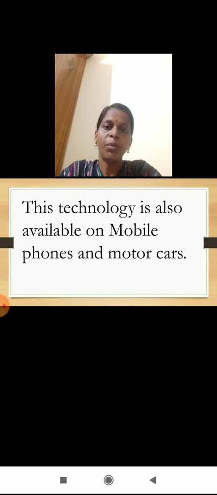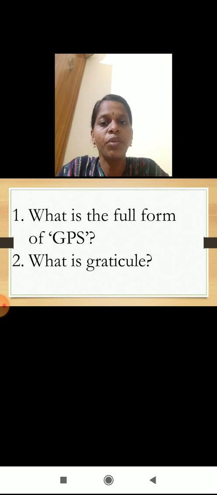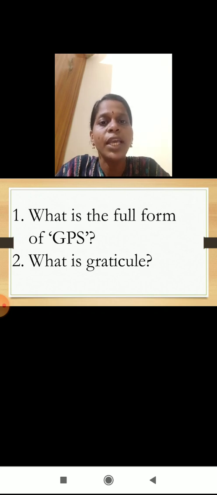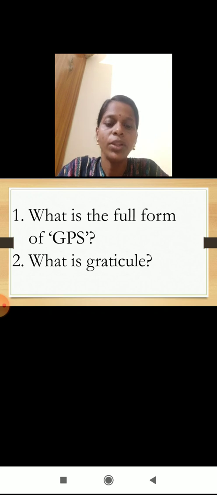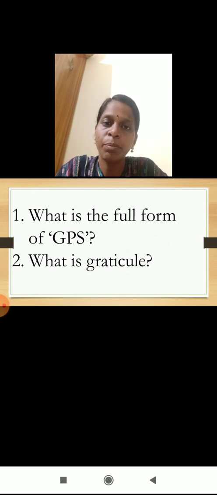Before we come to an end, I want you to answer this question. What is the full form of GPS? Global Positioning System. What is graticule? The parallels and meridians on the globe form a net that is called graticule. As I showed you in the slide, this is how the graticule looks.